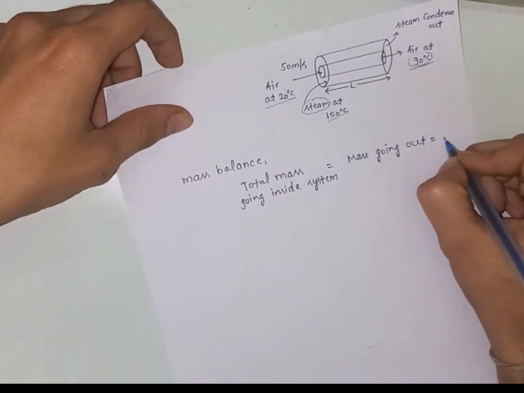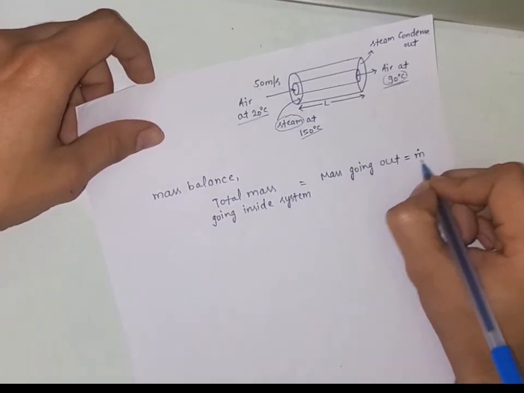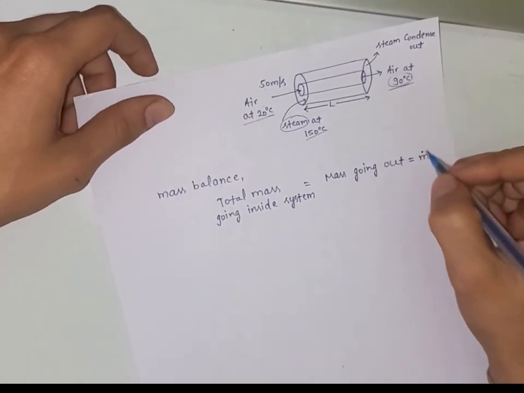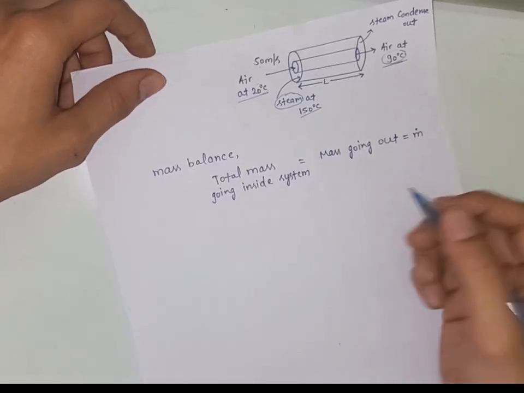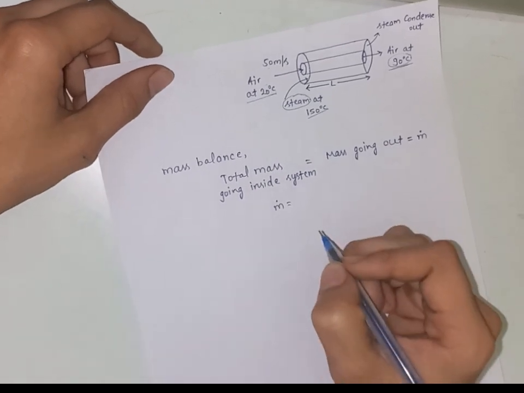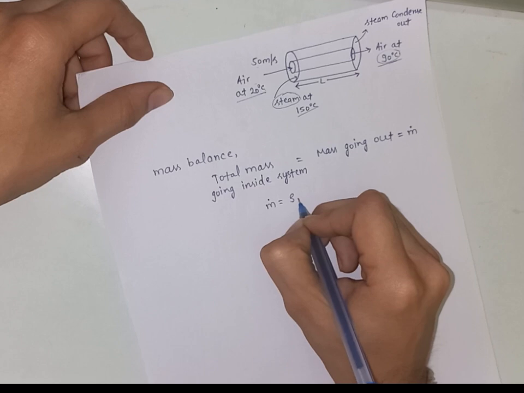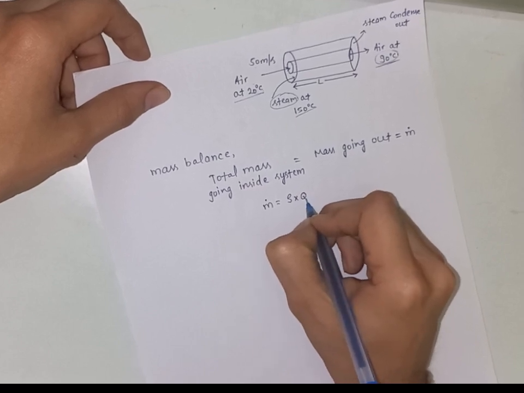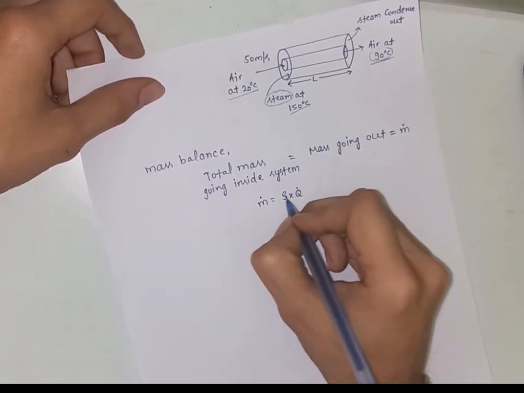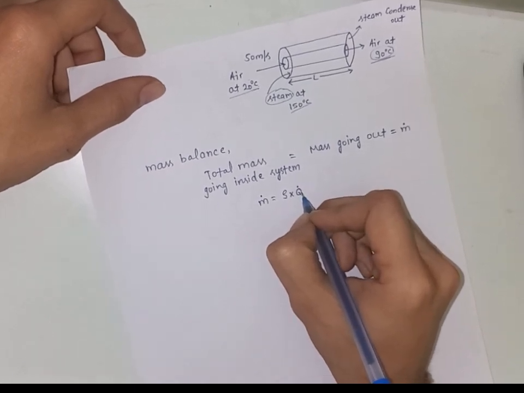So this is the mass flow rate, which we denote by m dot. This represents kg per second or mole per second. This mass flow rate we can also write in terms of density multiplied by volumetric flow rate, that is Q, where density is in kg per meter cube and Q is in meter cube per second.